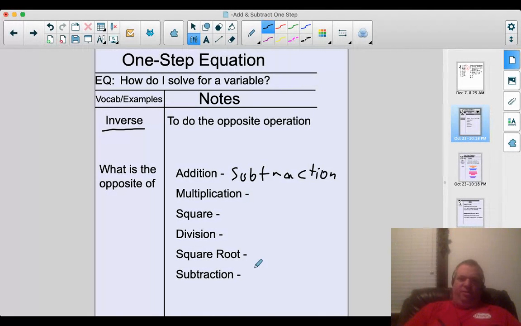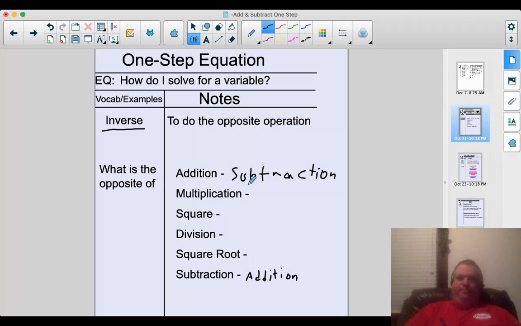Because subtraction is just adding an opposite. So the opposite of addition is subtraction, and the opposite of subtraction is addition. Kind of same way, right? If I were to subtract 10 from a number and then add 10, I'd end up where I started.